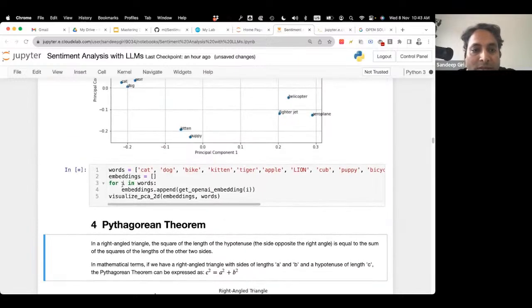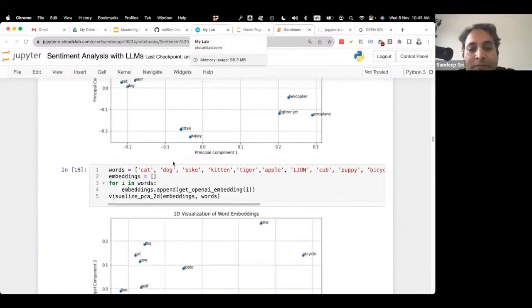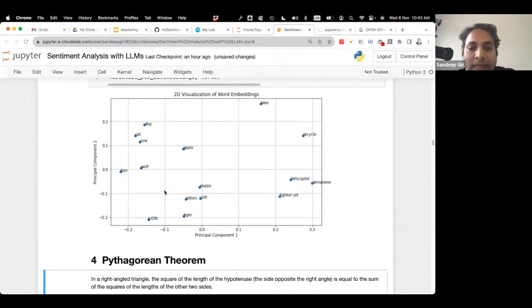Is it working? Or is it plotting? Now you can see, everyone. Essentially, since we are projecting it into 2D, things will get a little messy. And that's the reason why there have to be more and more dimensions.